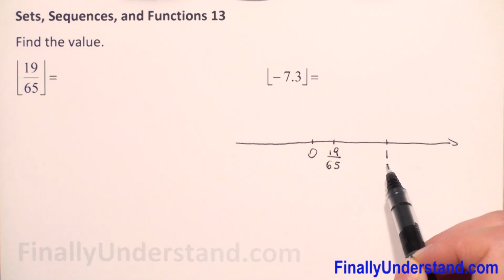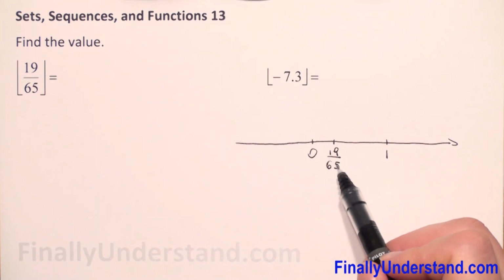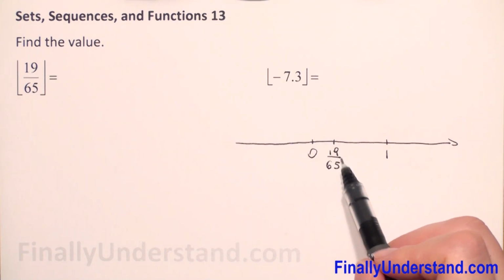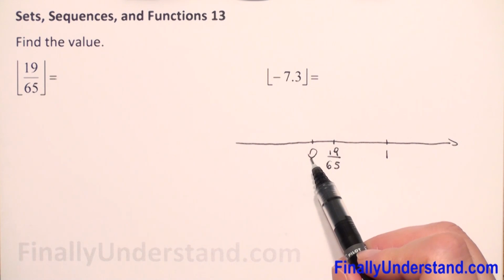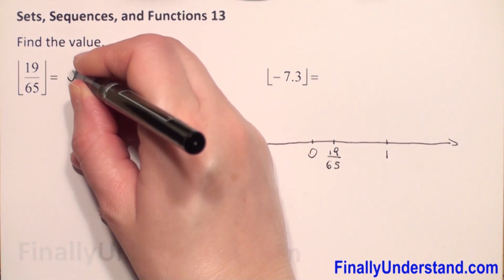Now we have to find the largest integer which is less than this fraction. So the largest integer will be 0. So this is equal to 0.